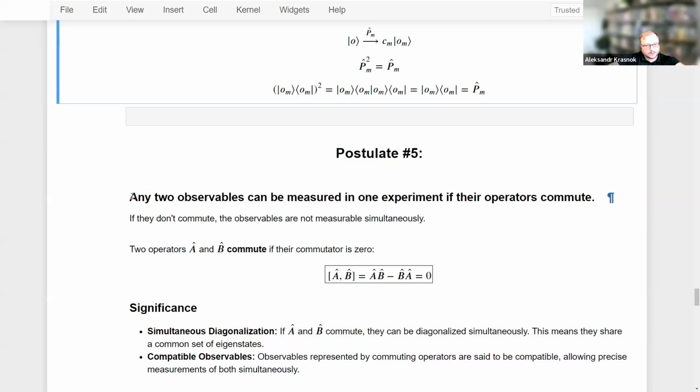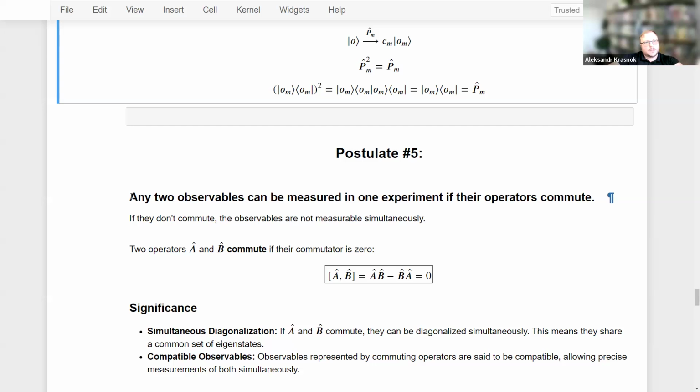But of course, any system has different types of observables, right? I can measure the energy of an electron, I can measure momentum, coordinate, I can measure the spin of the electron, and so on. So, different observables. And not all of them can be measured simultaneously in the same experiment.